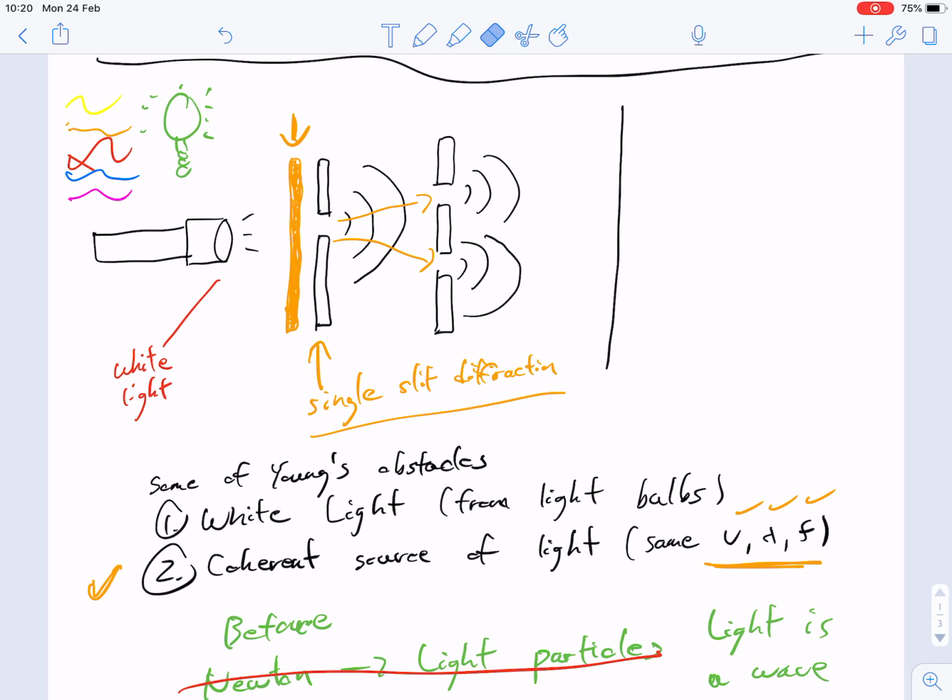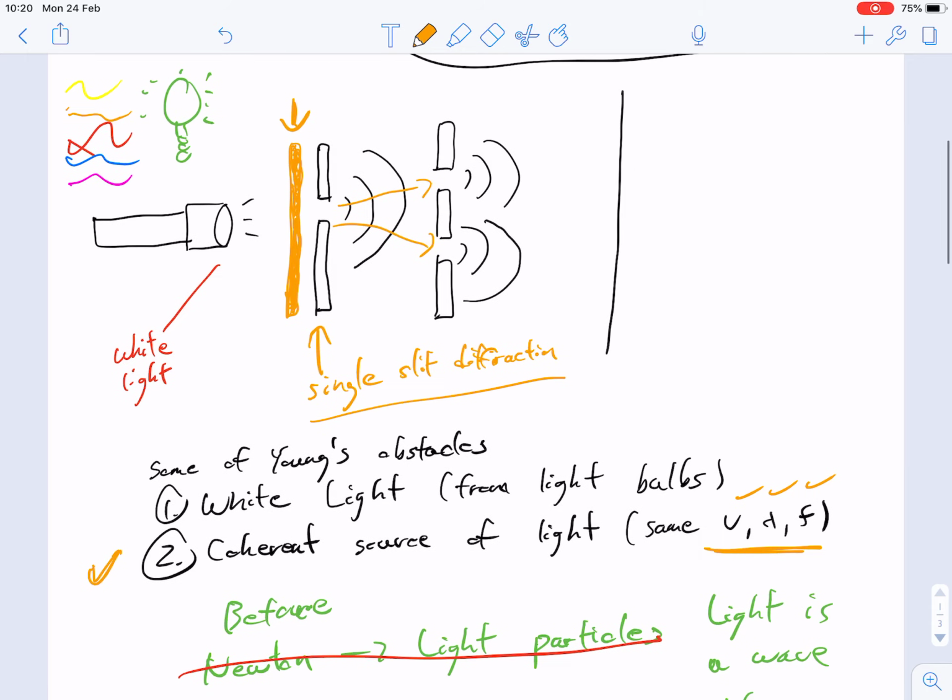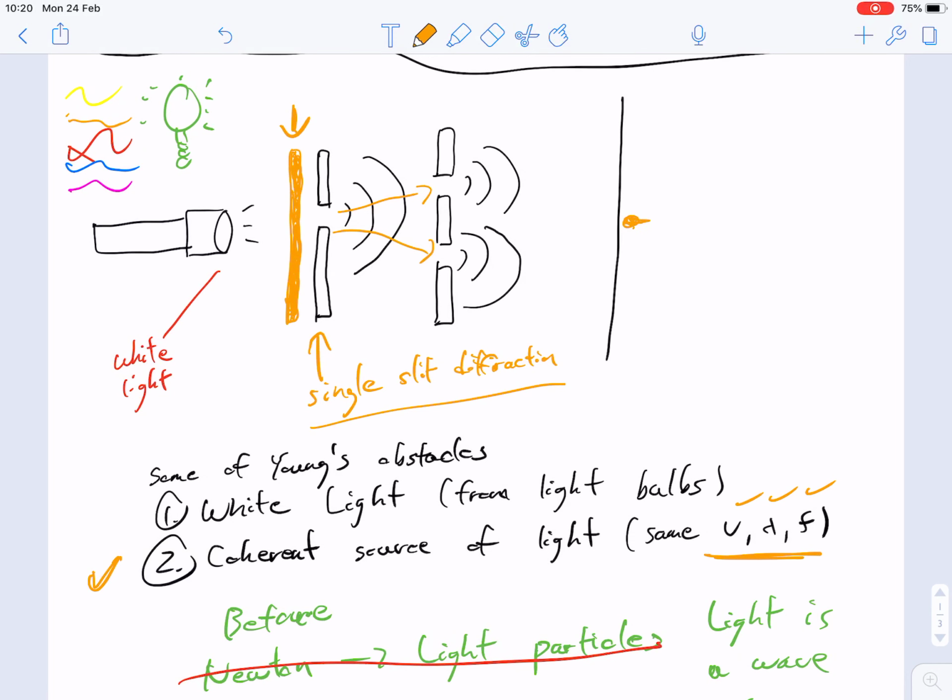So he saw bright fringes of orange light like that, that were equally spaced along the wall. What we actually visually see is a bunch of these little circles like this, and they're roughly equally spaced apart from each other.